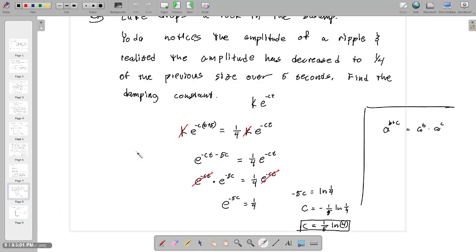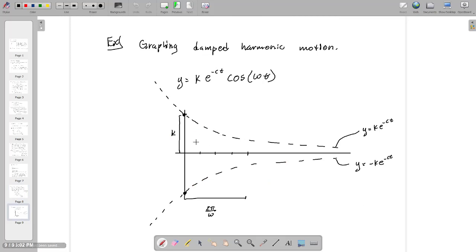Now, I want to note here exactly why we used only this function instead of the sine or the cosine following it. That's because when we graph on this curve, our maximum value will touch the curve. So it will be a point on these curves. So our cosine curve will look like this.